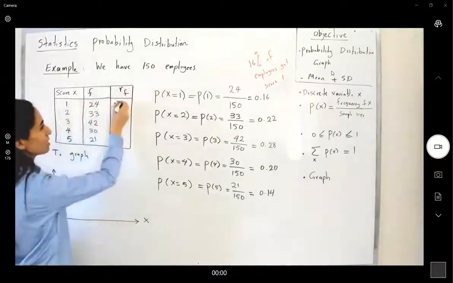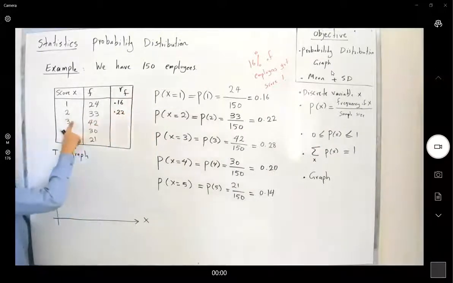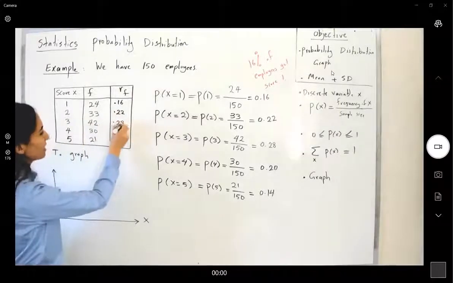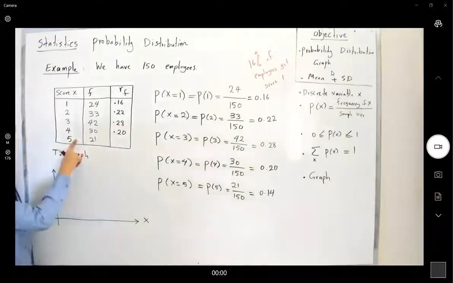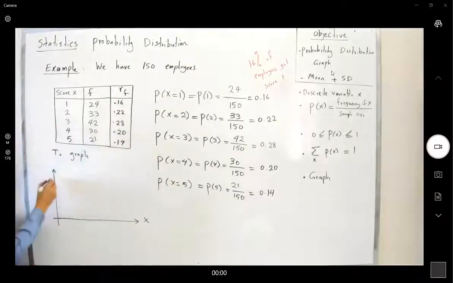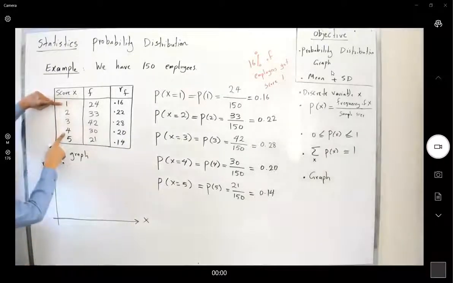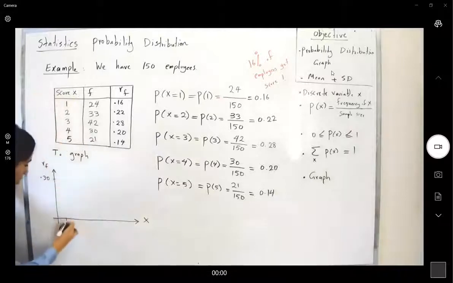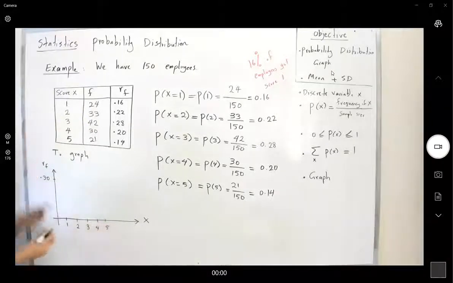It is 16%. Relative frequency for the second class, 22%. For the third class, 28%. For the fourth class, 20%. And for the fifth class, just 14%. The maximum is 28%, so let us scale this to 30%, 0.30. Perfect. So these are representative of each class: 1, 2, 3, 4, and 5.